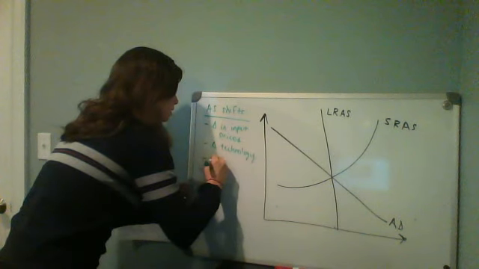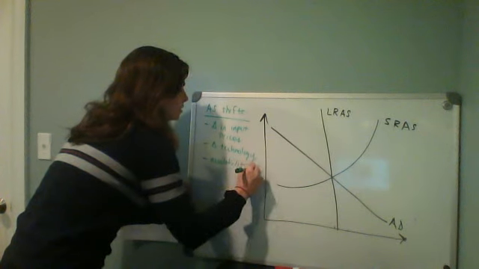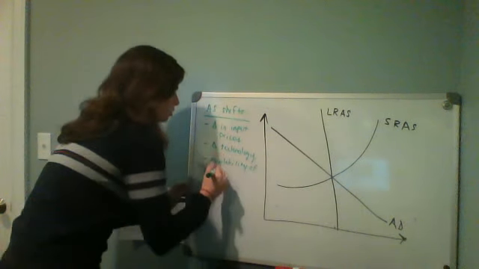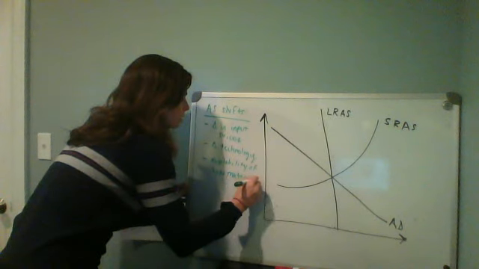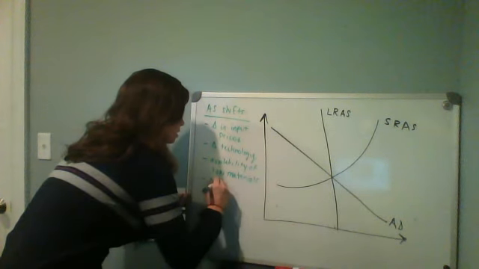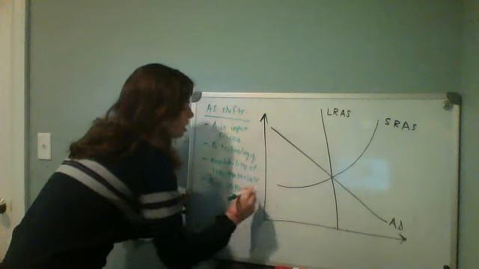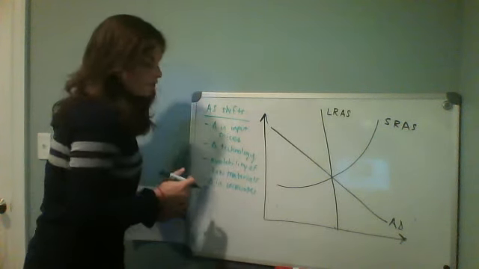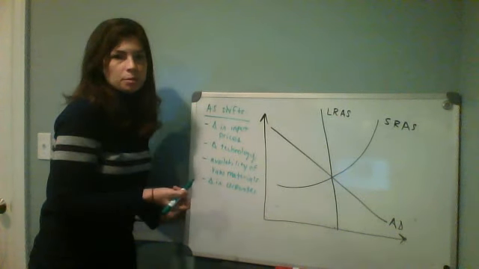Change in availability of raw materials, which is somewhat related to our input prices. A change in corporate taxes will have an impact on costs for firms. Those changes in tax rates could either be permanent or they could be temporary.